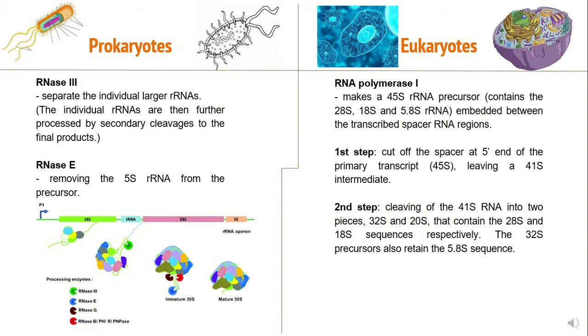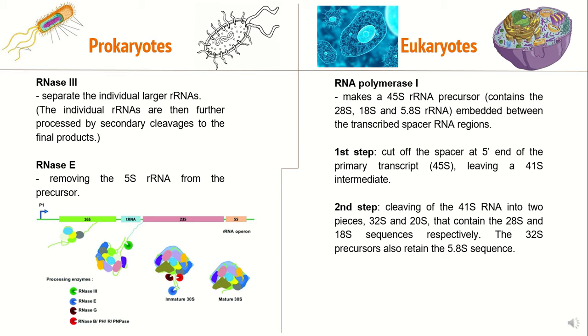The next step involves cleaving of the 41S RNA into two pieces, which are 32S and 20S, that contain the 28S and 18S sequences, respectively.